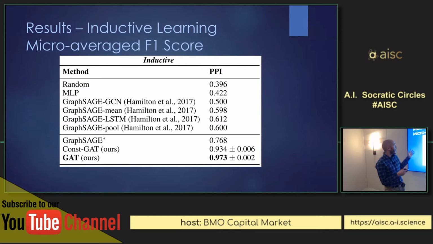So this is the micro-averaged F1 score. You see random classification has 0.396, a very low score. For the MLP, which is basically just taking the input vector and ignoring the graph structure, which is the baseline, it's better than random. So you can get something better than random using that.